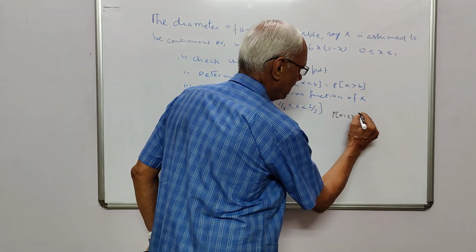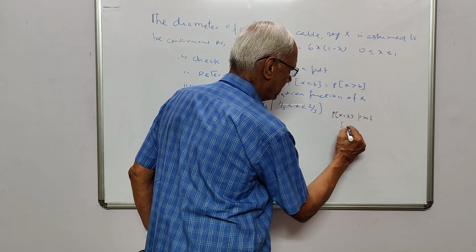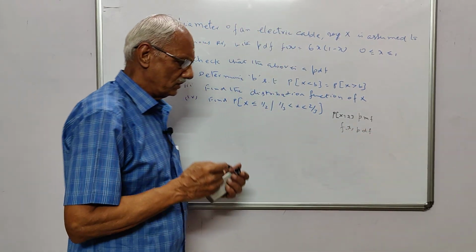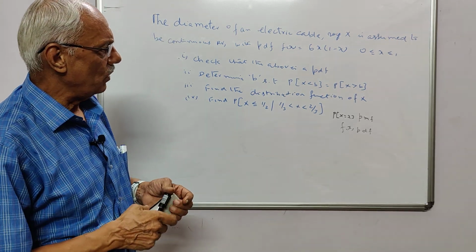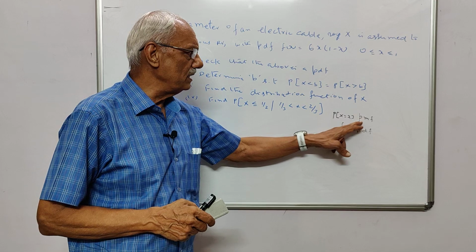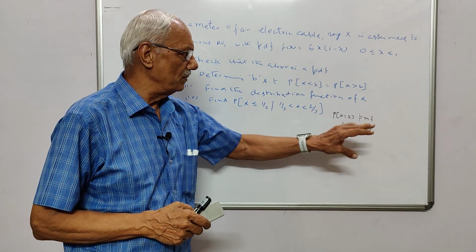This is the PMF, and this is the probability density function. So this is how we differentiate the probability mass function for a discrete random variable.